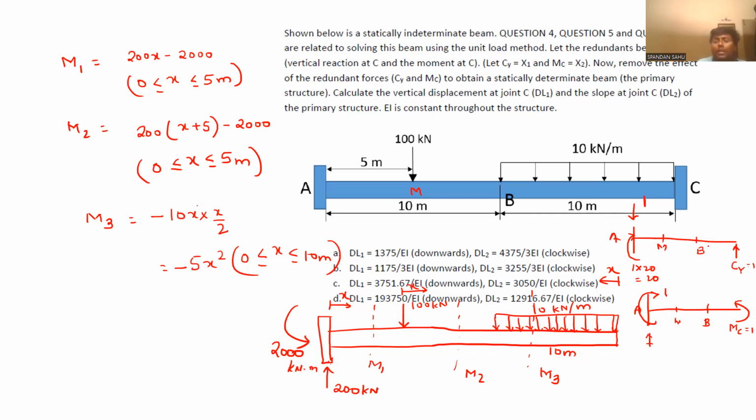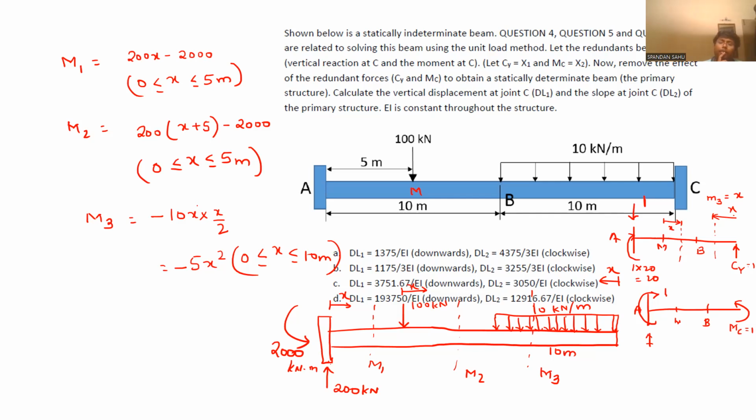Now, when you cut this section and write M1 from this side, what will be M1? Minus 1 into X. Shear force 1. And the limit should be from 0 to 5.